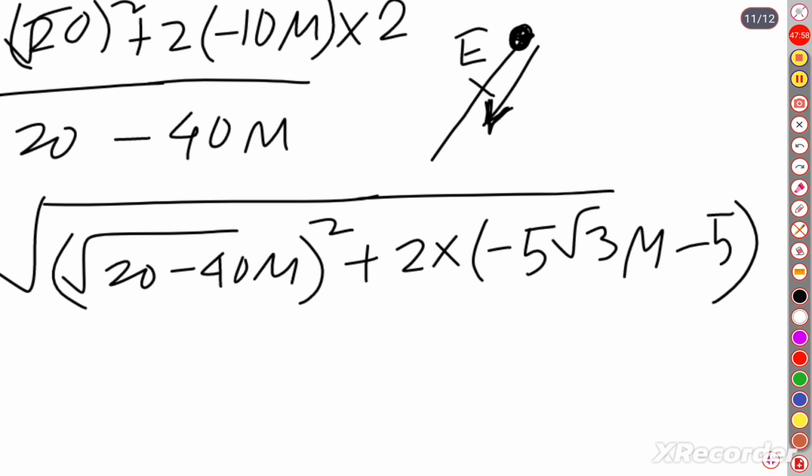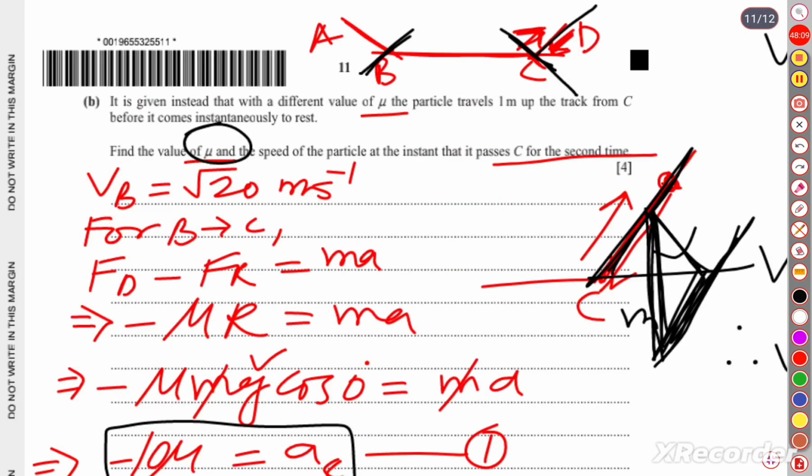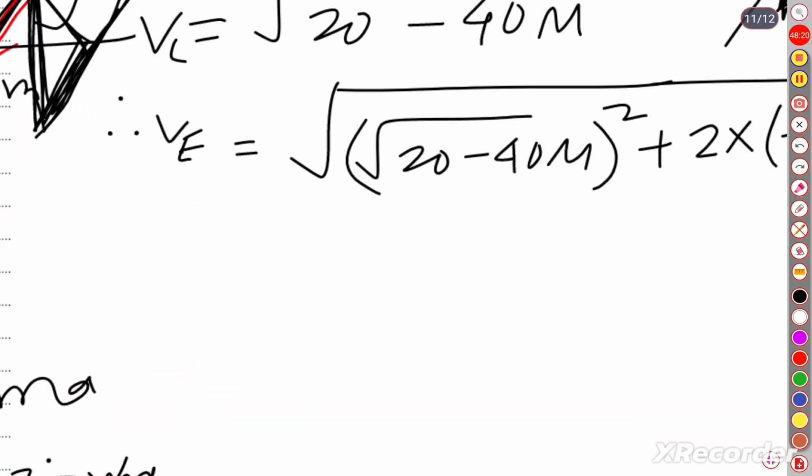And look at this, we have already come to know the particle moved up 1 meter. It is given, 1 meter is written here, look. So our distance is 1 meter and the final velocity must be 0, because when it reaches the highest point, it is at instantaneous rest.